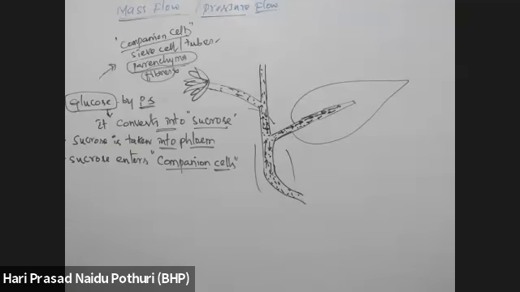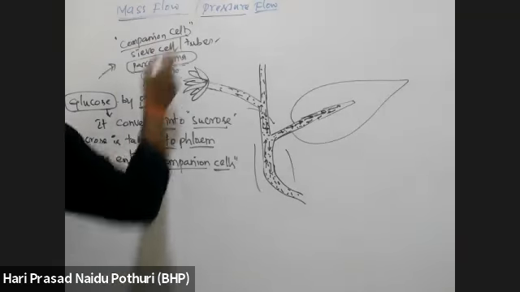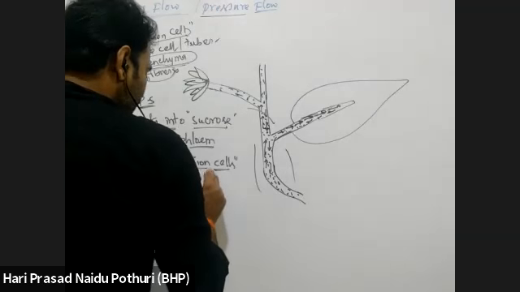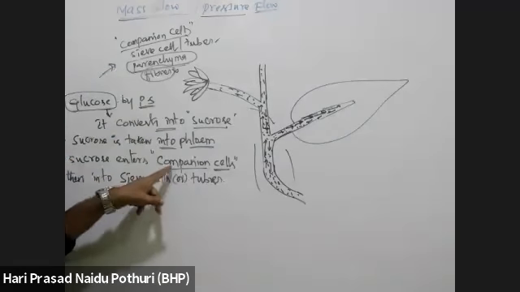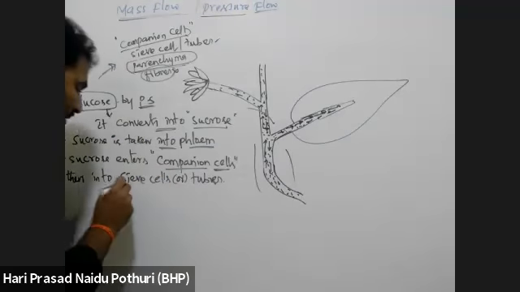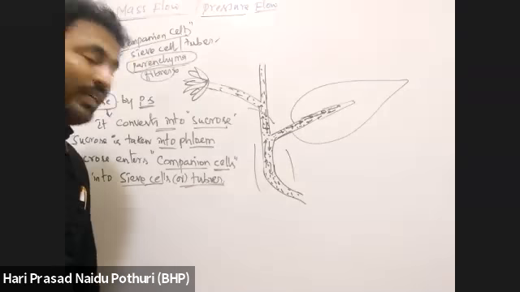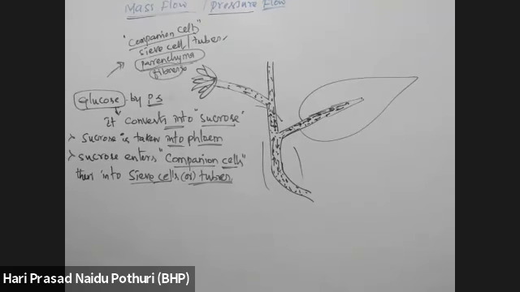Companion cells take it first, then it enters sieve cells or sieve tubes. What will happen when that sucrose is entering sieve cells or sieve tubes?